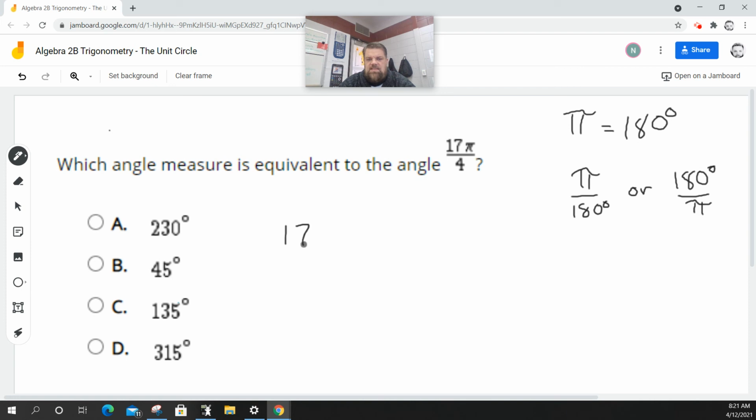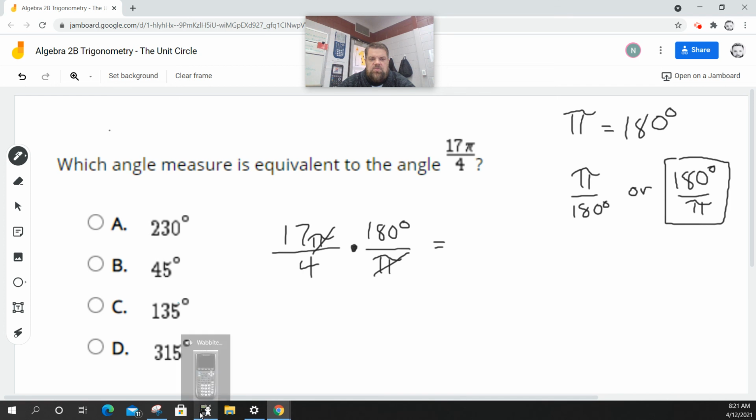So if I were to say 17 pi over 4, and then multiply that by, I think, the second one here. Now, why am I choosing the second one? Because I want the pi to cancel out. So if I say 180 degrees over pi, then this cancels with this, and I'm left with 180 times 17 divided by 4.